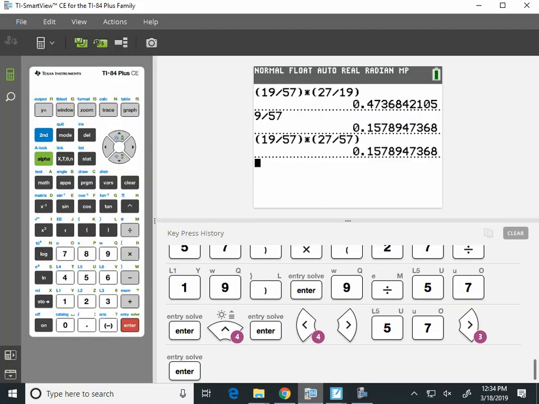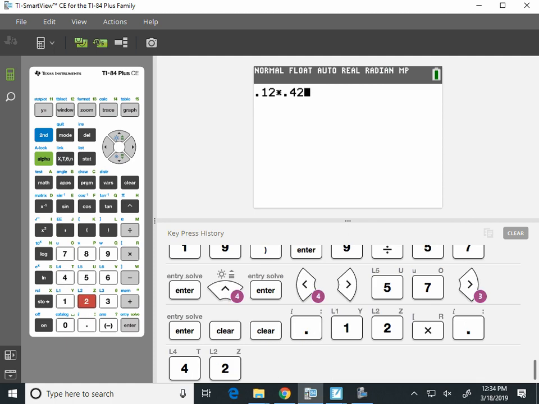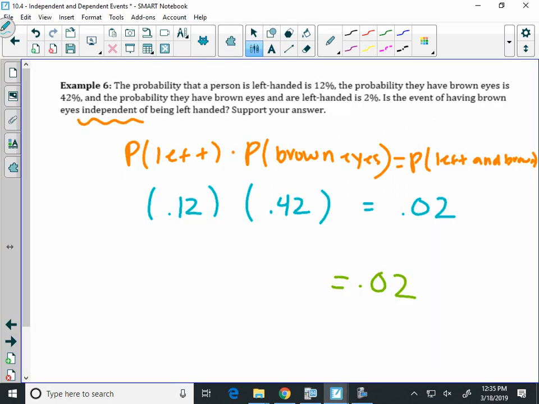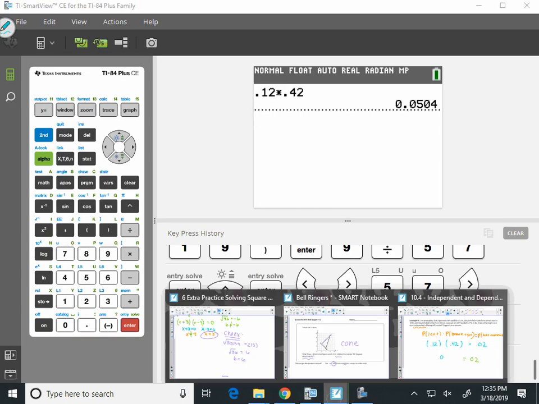So we're going to do 0.12 times 0.42. We got 0.504.